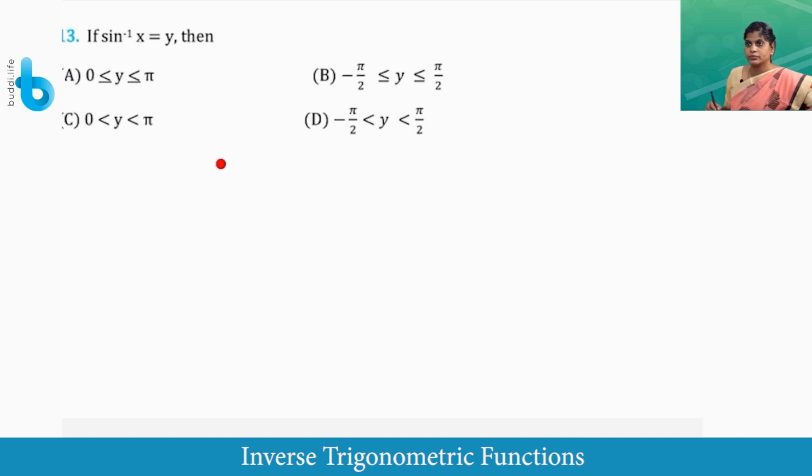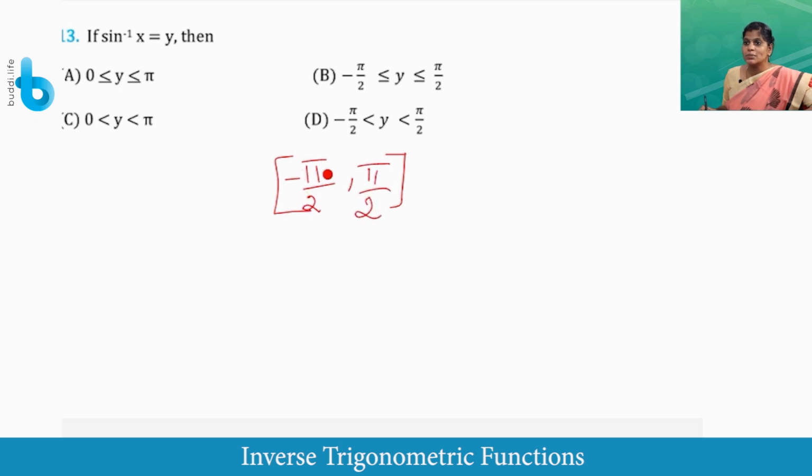Okay. Sine inverse of x equal to y. They ask in which range this sine inverse value will fall. They are asking the principal range value. What is the principal range? We know that it is a closed interval of minus pi by 2 comma pi by 2.